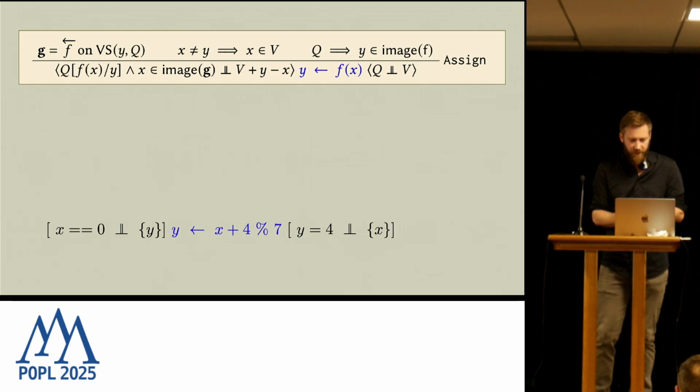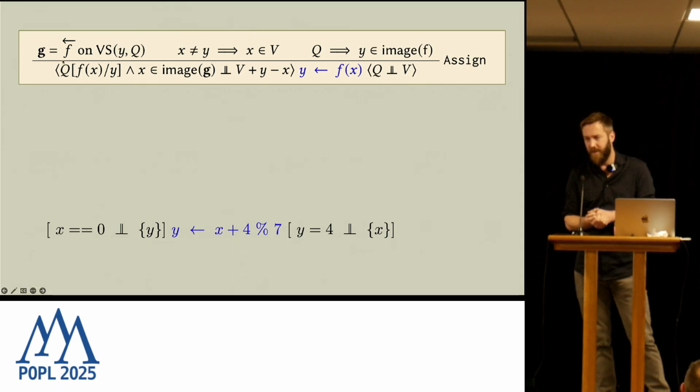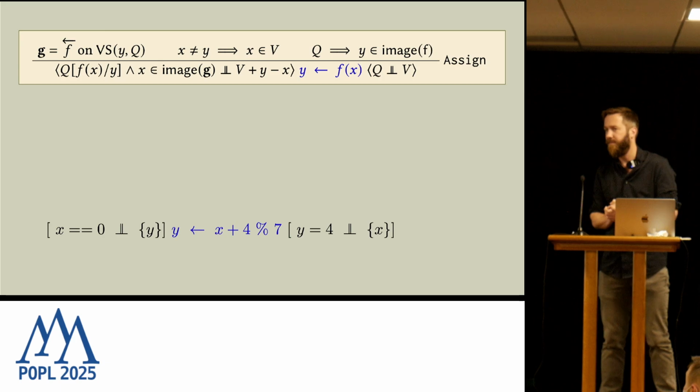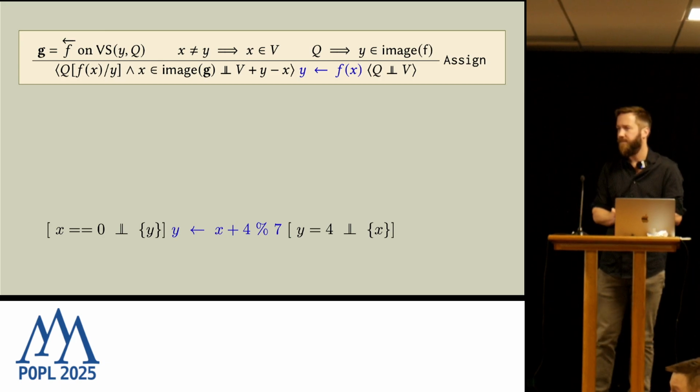Indeed, the rule requires you to find an inversion of f. If you cannot invert f, then you cannot apply this particular rule, so it would not work. So your theory is sound on the assumption that the function is invertible. Yeah, exactly. Last question, back there.